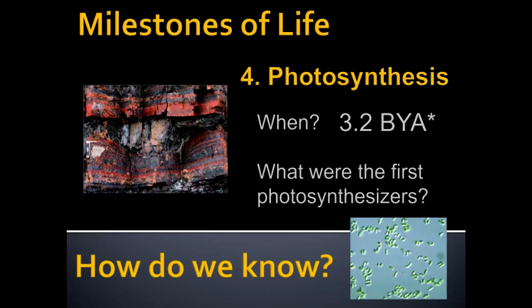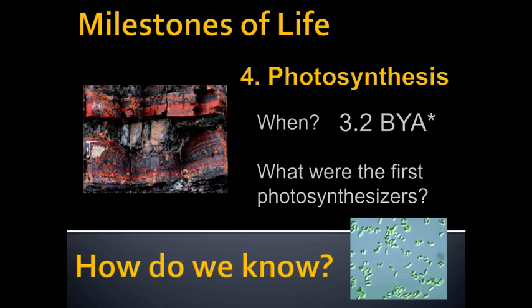Only a few hundred million years after the origin of life on Earth. Maybe 600 million years or so, 500 million years or so after life on Earth originates, we have photosynthesis. Now, those early photosynthesizers, and this is important, the first photosynthesizers were bacteria, probably very similar to today's modern cyanobacteria.